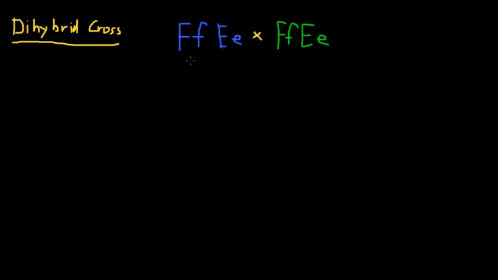So how can we get a dominant allele for this first one? Well, this parent can give its dominant allele, and this one can give its recessive. This one can give its dominant, and this one can give its recessive. That's for the case where our offspring, I'll note it in purple, is heterozygous.